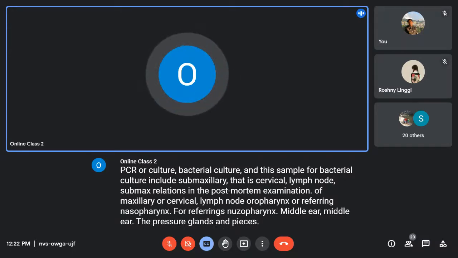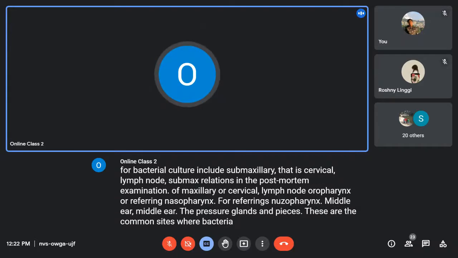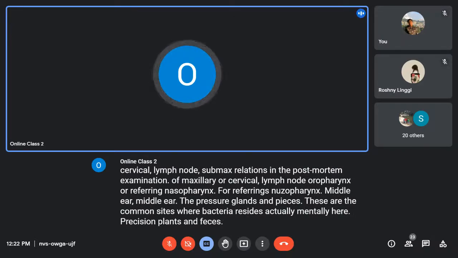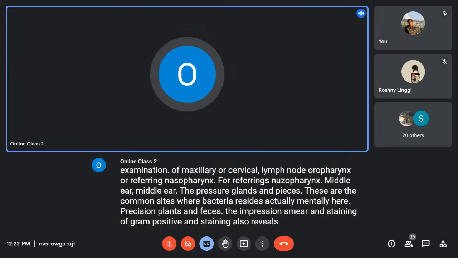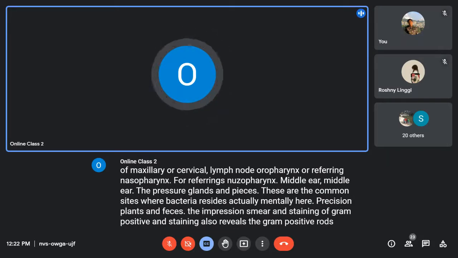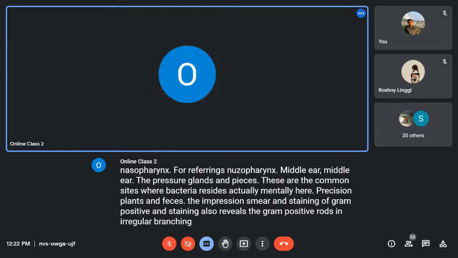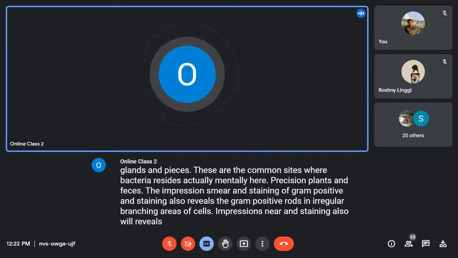These are the common sites where the bacteria reside. The impression smear and staining also reveal gram-positive rods in irregular branching arrays of cells.